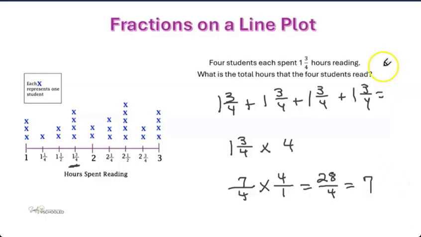So the answer is 7 hours of reading. As you can see, when you're working with line plots, you may have to add, subtract, multiply, or divide fractions.